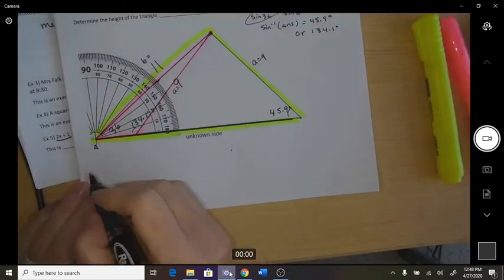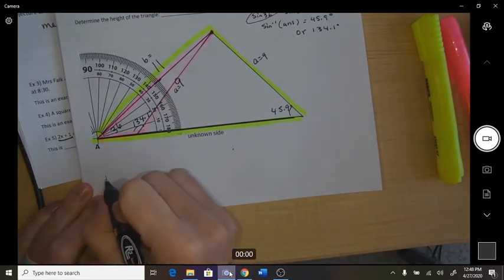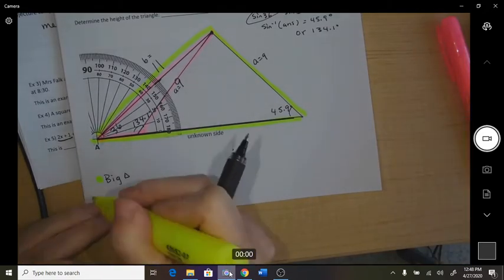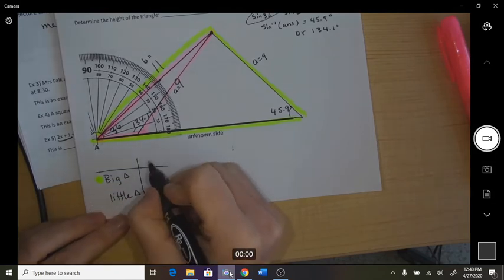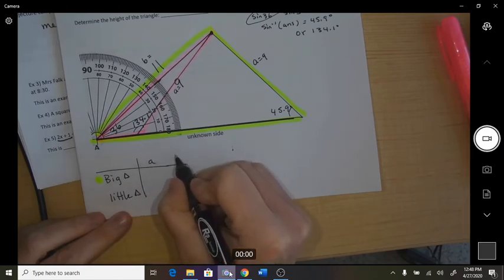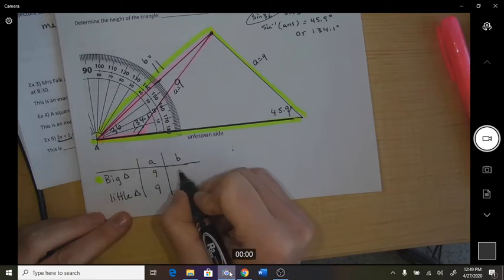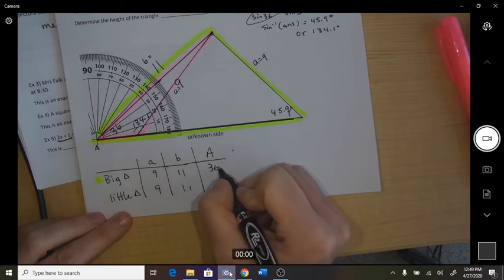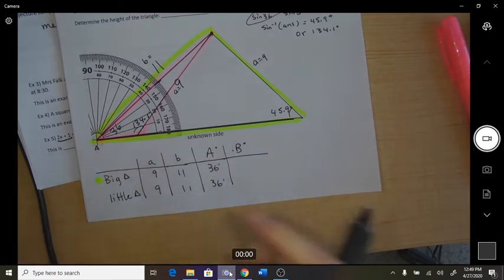Okay, now if you are a person who can't organize your thoughts, I suggest that we have a big triangle and a little triangle. So they both have a 9, and they both have an 11, and they both have a 36 degree, right? So here's my organization.